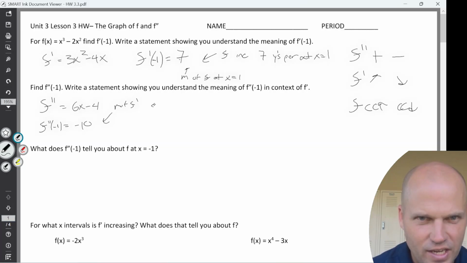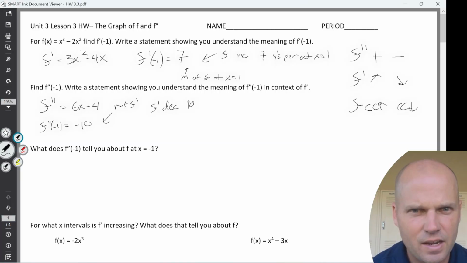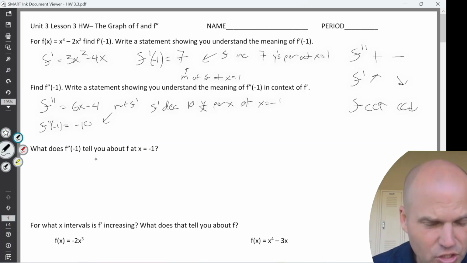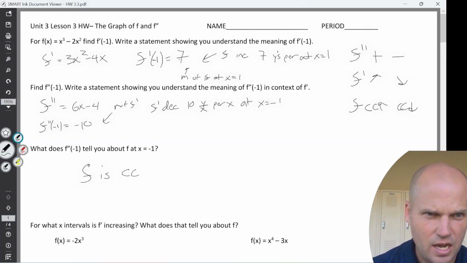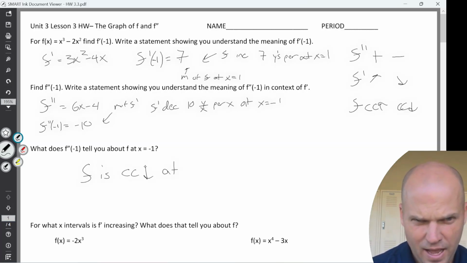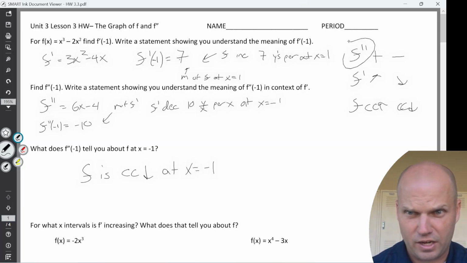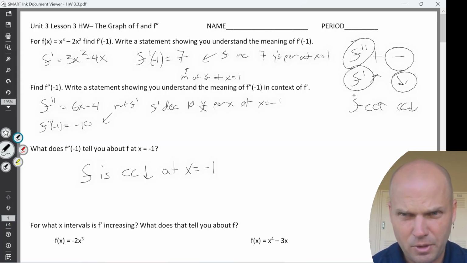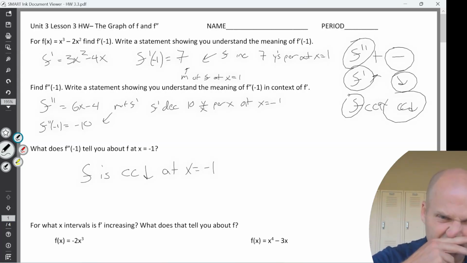We like to say just like f prime is decreasing 10 y's per x at x equals -1. But it also tells me that f is concave down at x equals -1, because if our second derivative is negative, yes, our first derivative is decreasing, but our original function is curving downward. Okay?